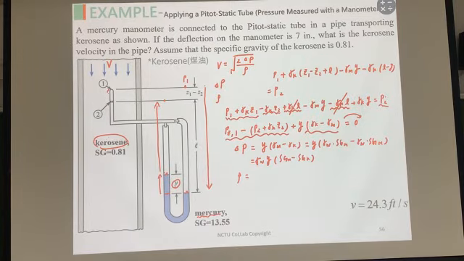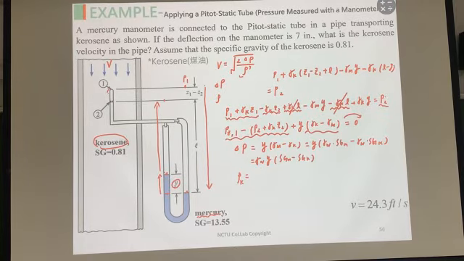Okay? So what is the density? And we need to use the mercury or the kerosene density showing here. We need to use the kerosene, right? Because we are discussing the flow velocity in here. We don't discuss the velocity in here. So the density is the kerosene density.